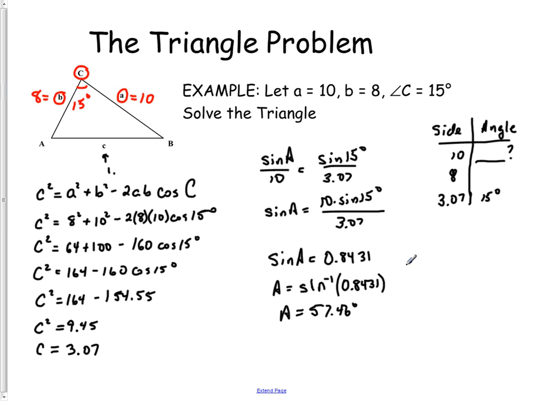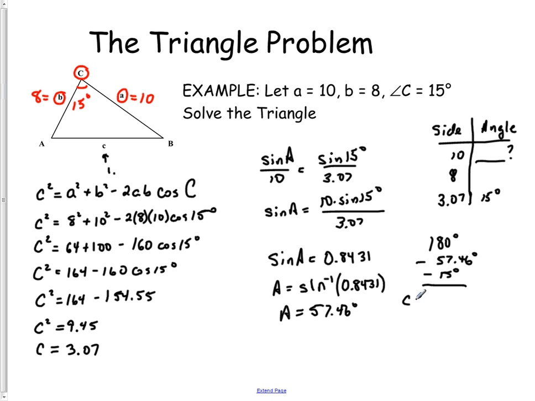Now, will that work? Well, let's see. If we have 57.46, here's what would happen. 180 degrees minus 57.46 minus 15 degrees should give us our third angle, right?